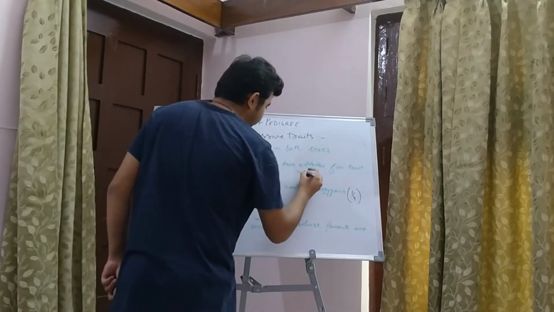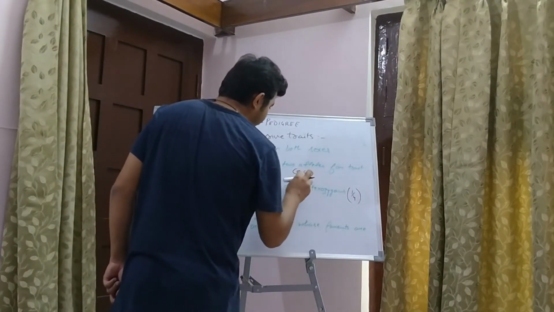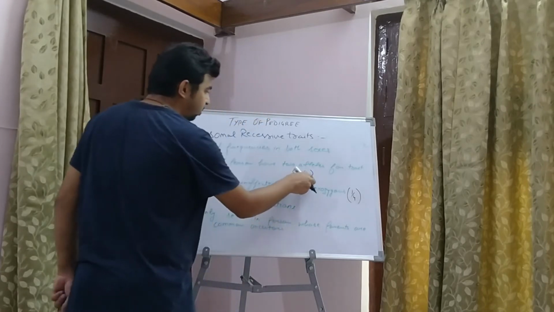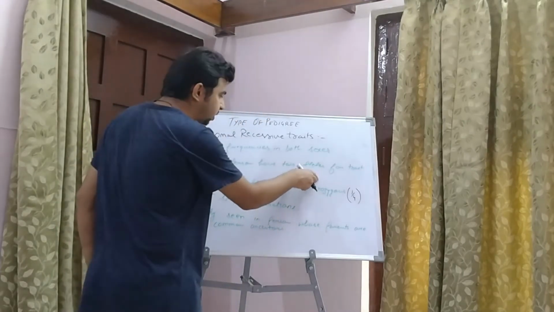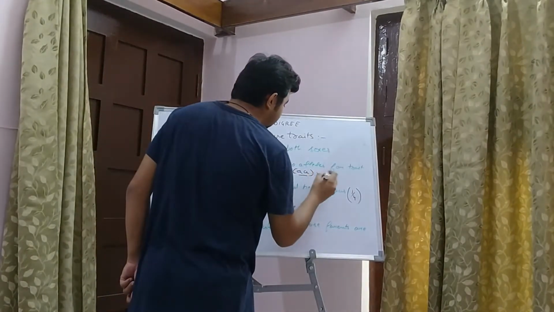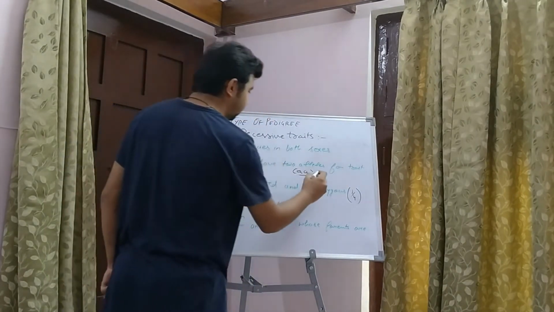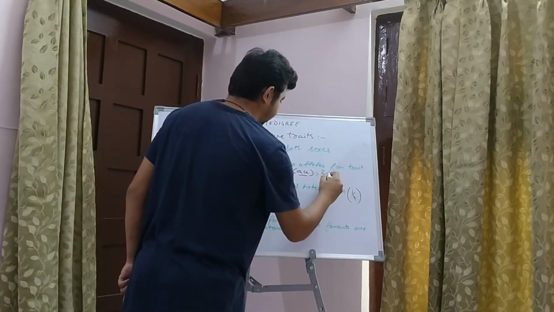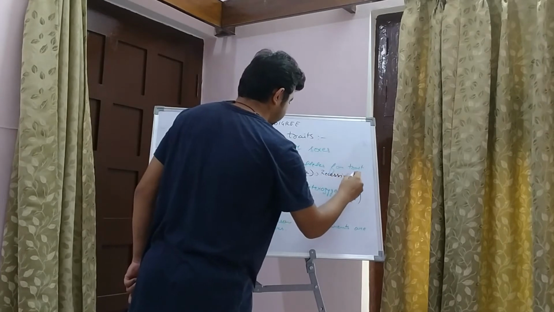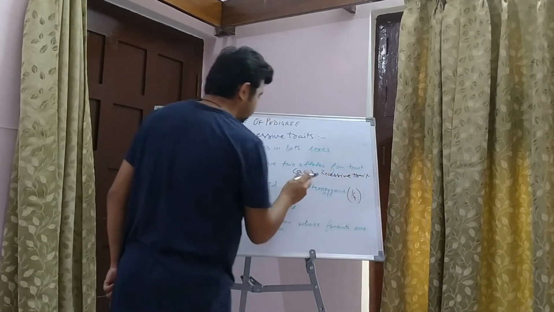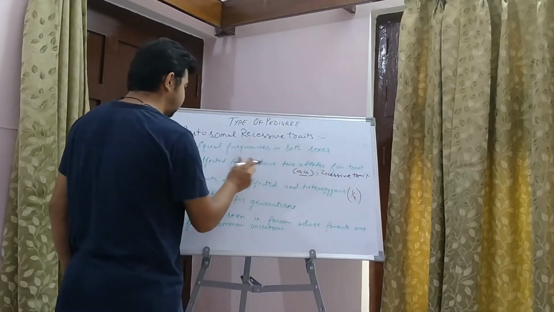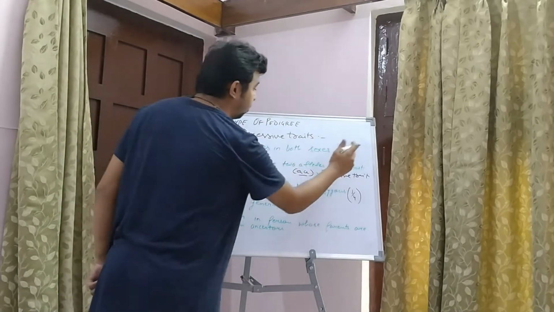Suppose aa, so the two are recessive traits. If these two alleles are present, then only this recessive trait will appear. Two alleles of the same type: an affected person has two alleles for the trait.